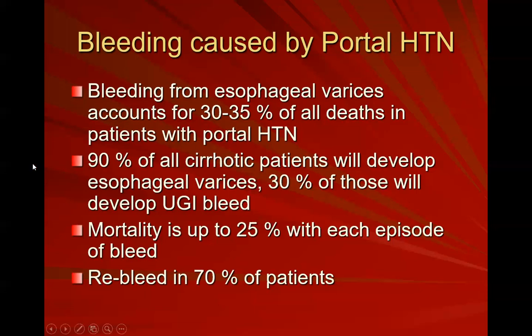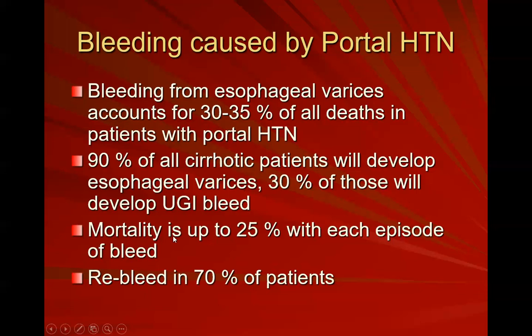All right. So 90% of all cirrhotic patients will develop esophageal varices, and then 30% of those will develop upper GI bleeding. So not in all cases of esophageal varices will we find a bleeder.